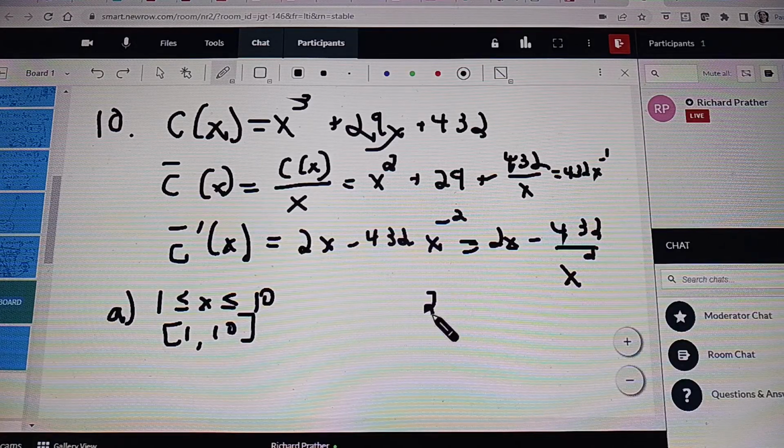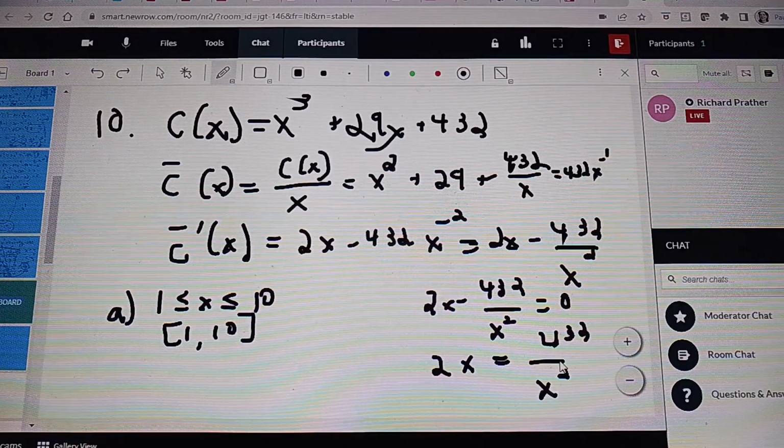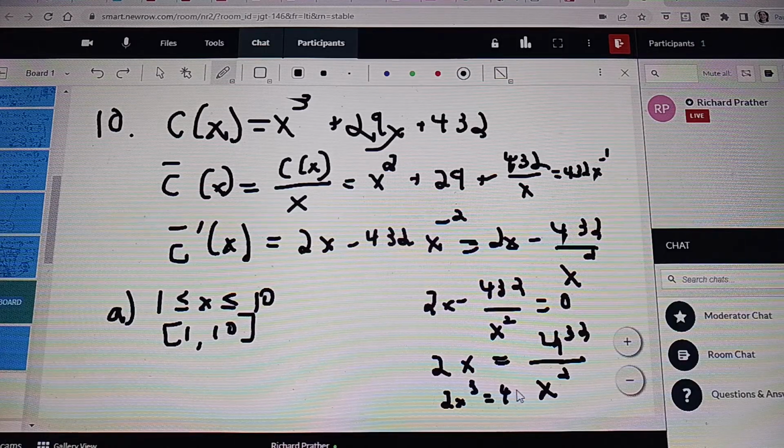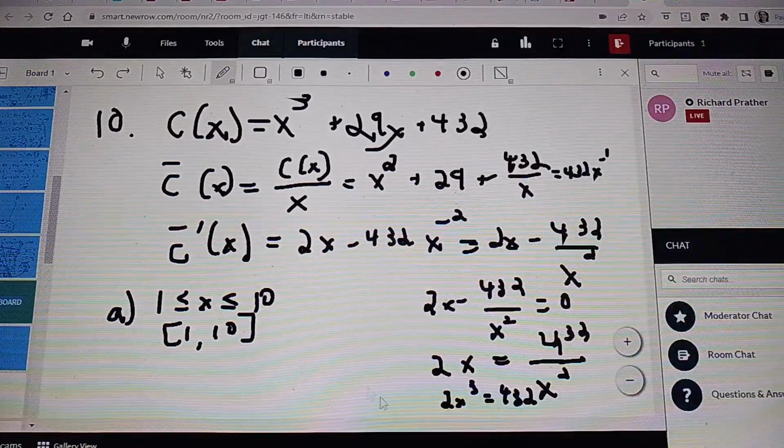And then finally, what would make this thing equal 0, if anything? And then I could add the negative fraction over to the other side again. And you can put this over 1 and cross multiply, or you can just multiply these two. So you would get 2x cubed equals 432. 432 divided by 2 is 216.